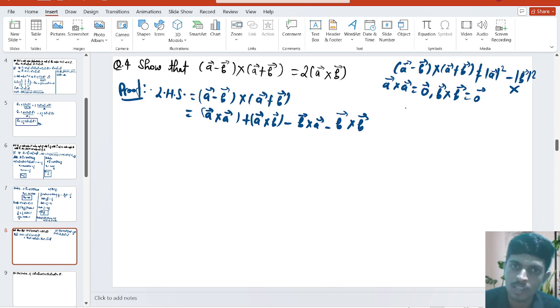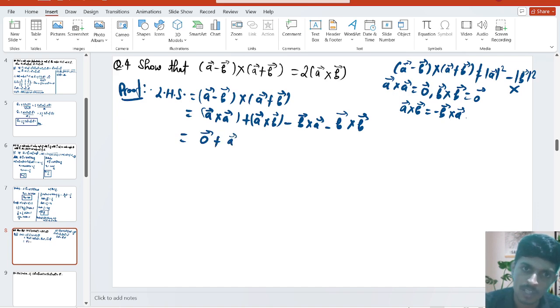So vector A cross B is equal to minus of vector B cross A. We already told this in the previous lectures. If you have not watched the previous lecture, please watch it and then proceed with these lectures. So this is vector A cross vector B. This becomes 0. So minus vector B cross A can be written as plus vector A cross B, and minus vector B cross B becomes vector 0.